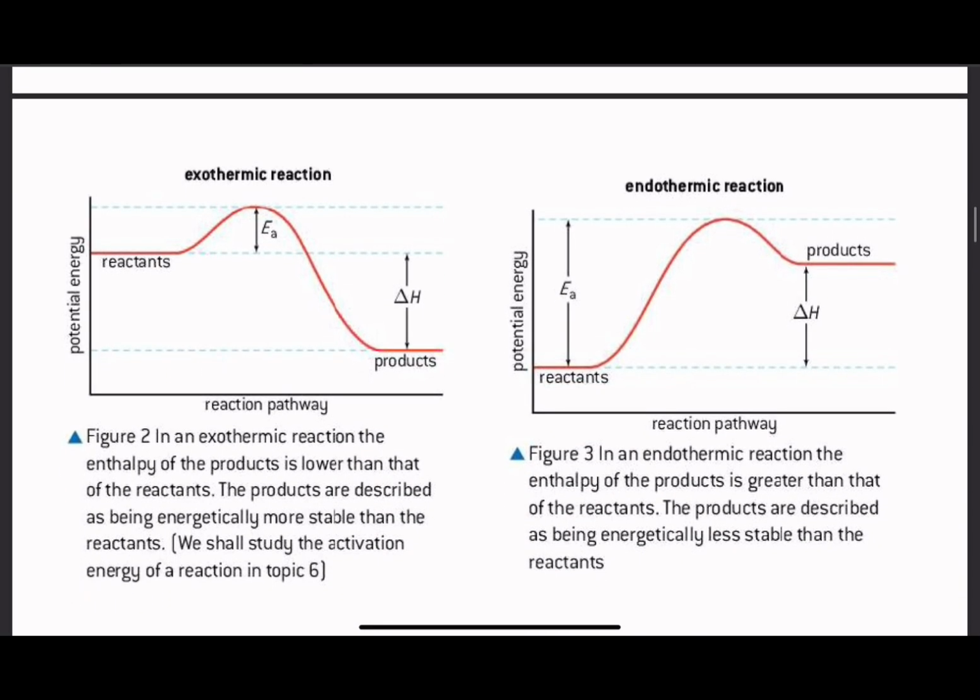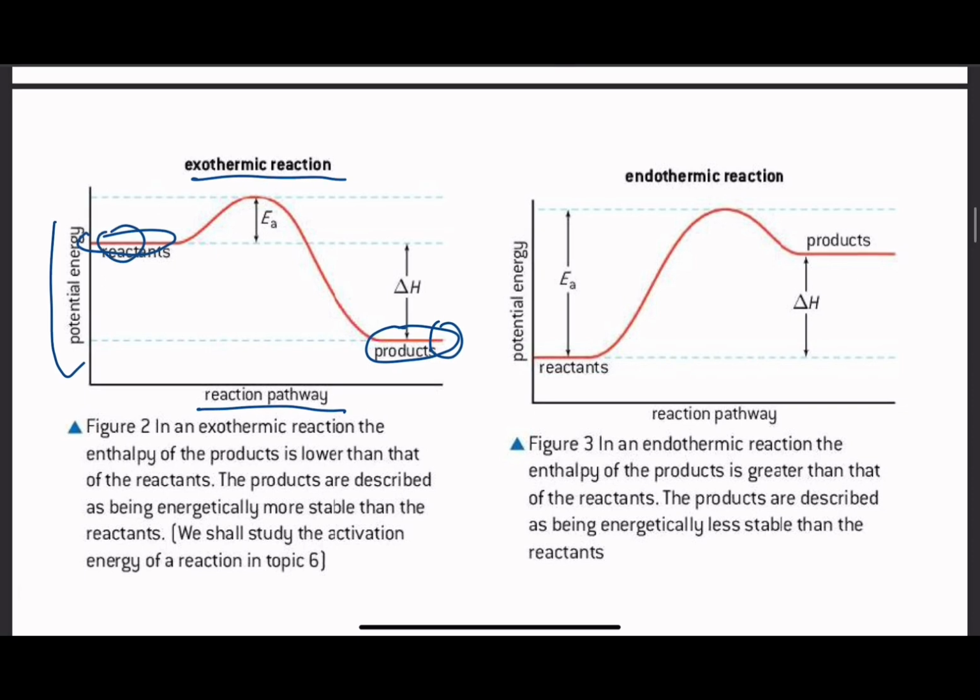And regarding potential energy and reaction pathway, as you see, when your potential energy drops like this, you have an exothermic reaction, because this side minus this side will give you a delta H of negative value. And we know that for exothermic we have the Q positive, and it is the exact opposite for the endothermic ones.